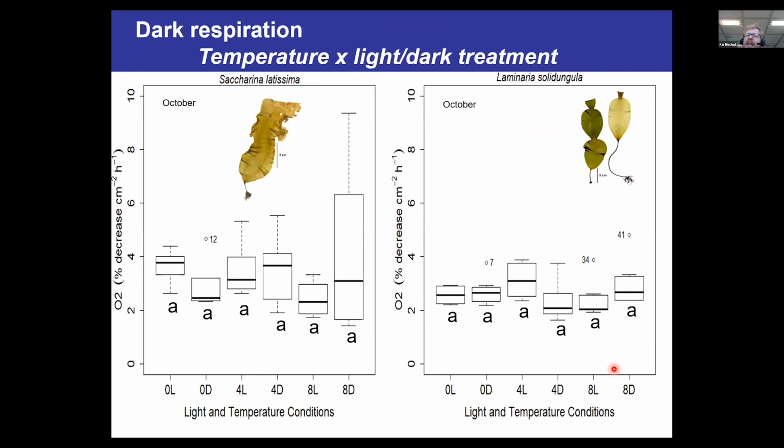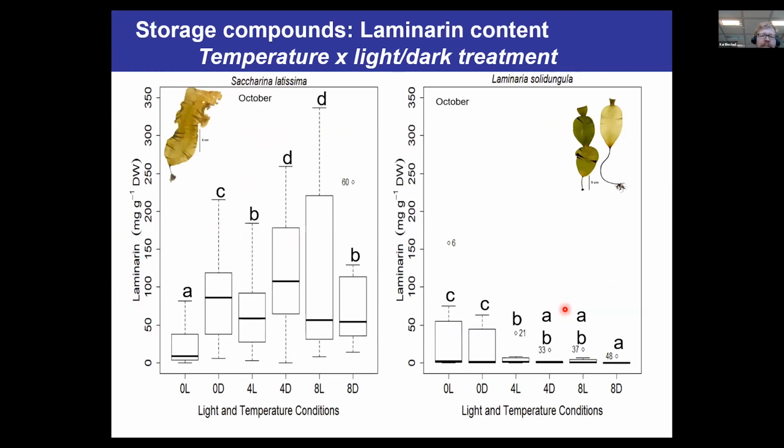If we would expose both species, the boreal one and the high Arctic one, at different temperatures, with respect to photosynthesis, there were not so many changes going on. But again, for the consumption of this storage compound, the picture was different. What you can see here is comparing light conditions and dark conditions at different temperatures, 0 degrees, 4 degrees, 8 degrees.